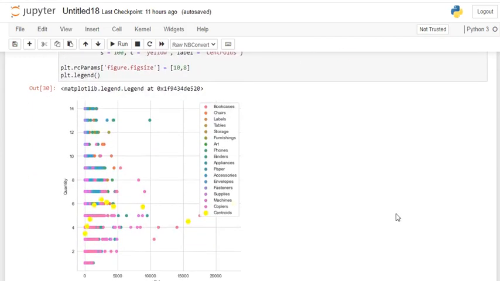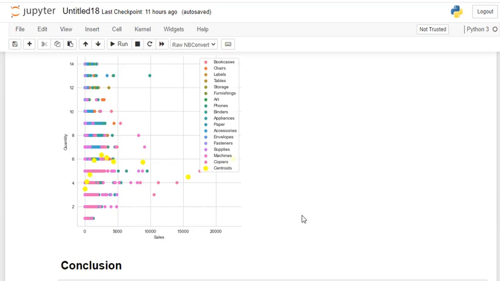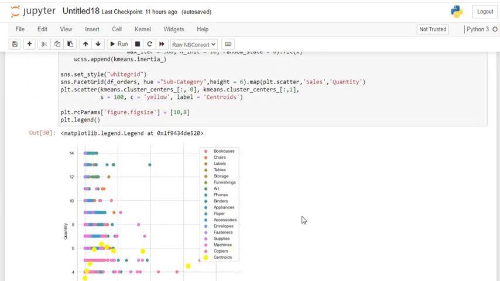Next, clustering of the data, how in subcategories each subcategory has similar kinds of data. Here the yellow color represents centroids. 1, 2, 3, 4, 5, 6, 7, 8, 9 centroids are there, so that we can gather the similar data points in each cluster.